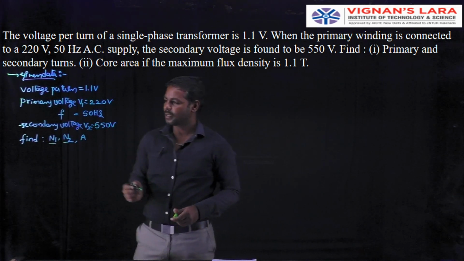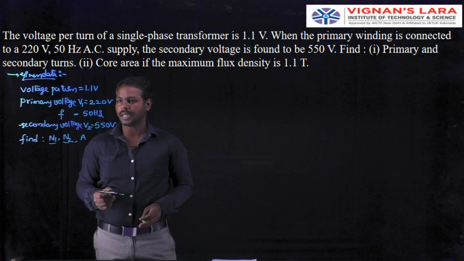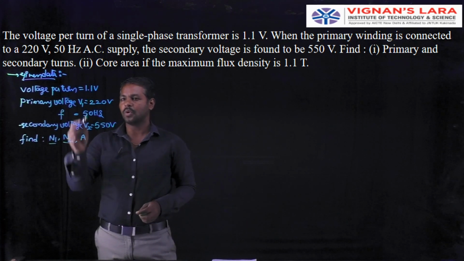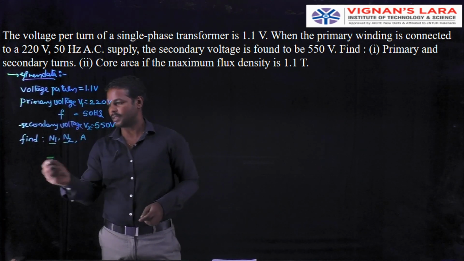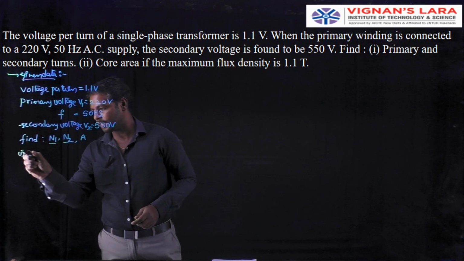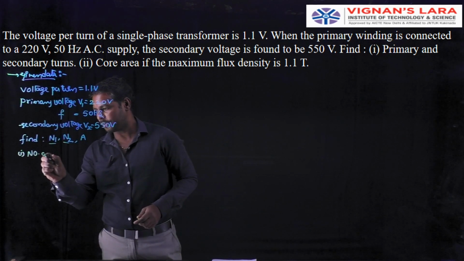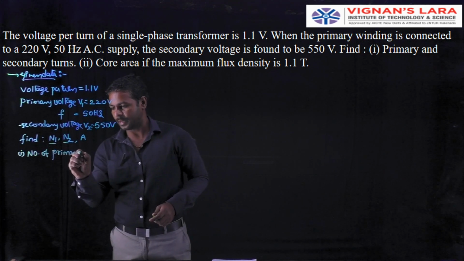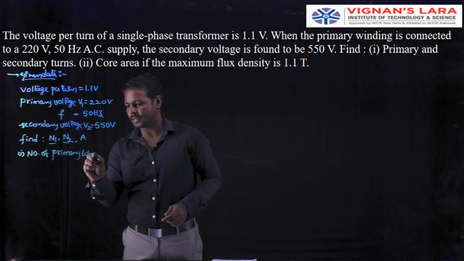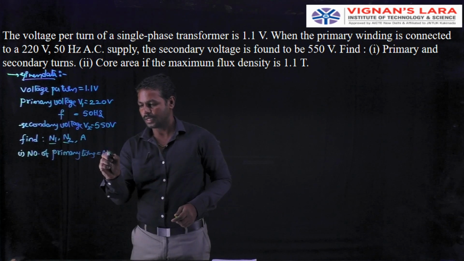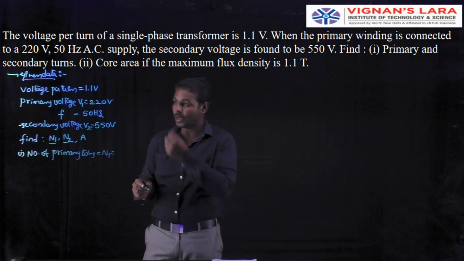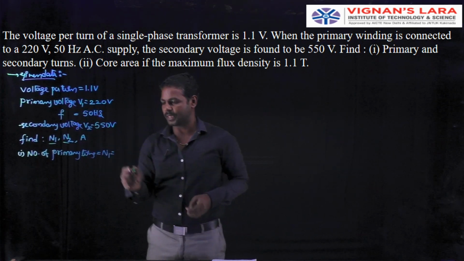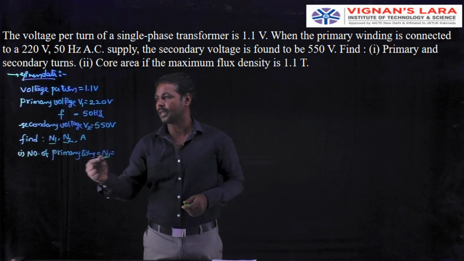The first part is the number of primary turns. N1 is equal to voltage divided by voltage per turn. Only then do we get the number of turns.